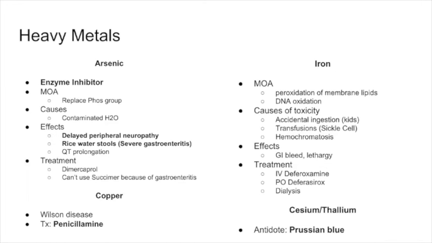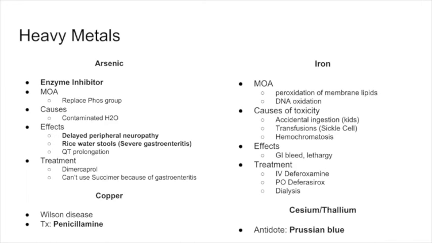Next agent is copper. And the biggest toxicity in copper is Wilson disease. And I want you to know the treatment is penicillamine. Next is iron. Iron toxicity works by peroxidation of membrane lipids and DNA oxidation.